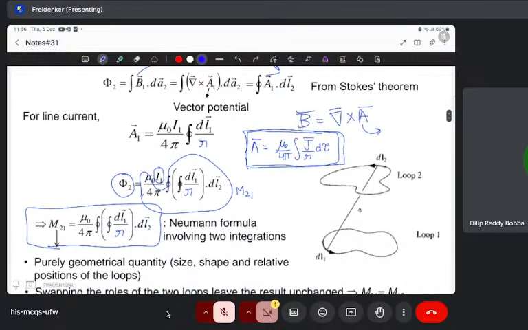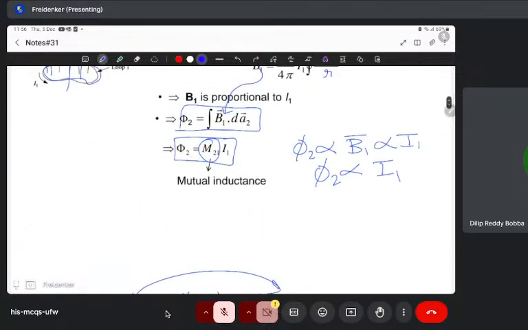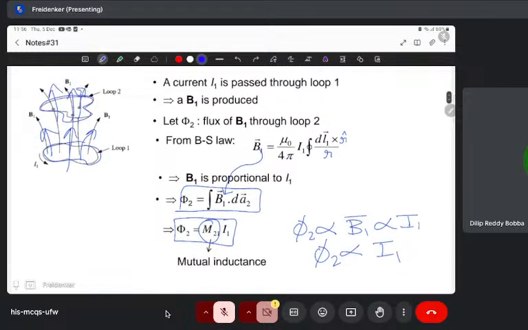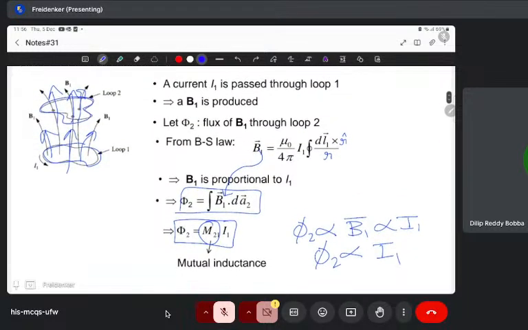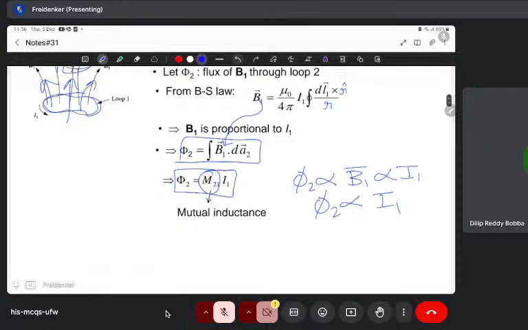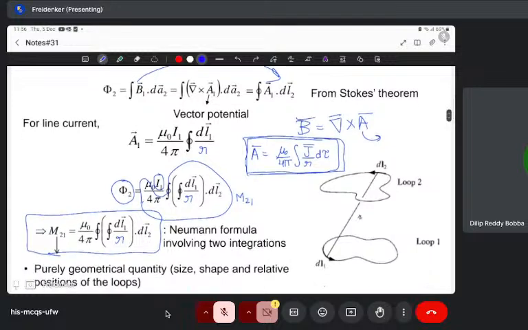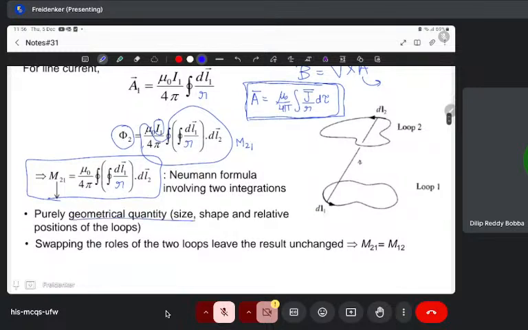The derivation wouldn't matter, but the thing is, phi 2, the magnetic flux of the second loop, is proportional to the current in the first loop, and the proportionality constant is called mutual inductance. Look into the units. Inductance, I think Henry is the unit. Oh, this came in the quiz, no? Inductance is a geometrical quantity. This came in the quiz.